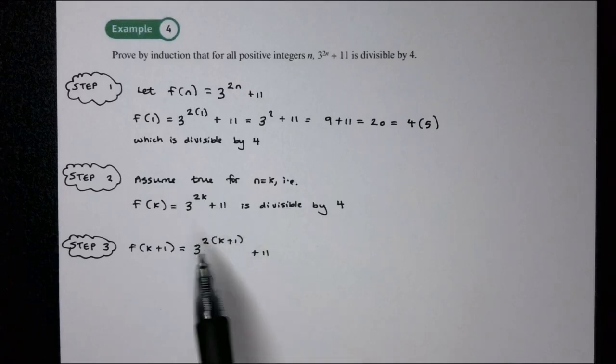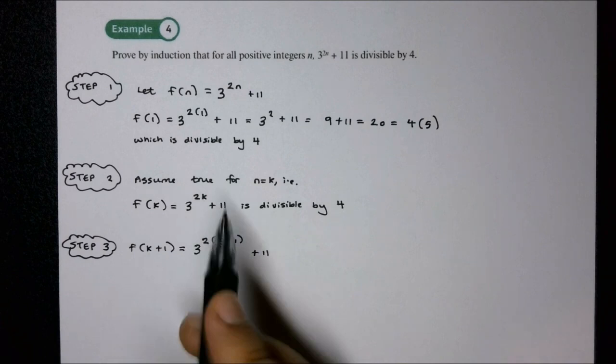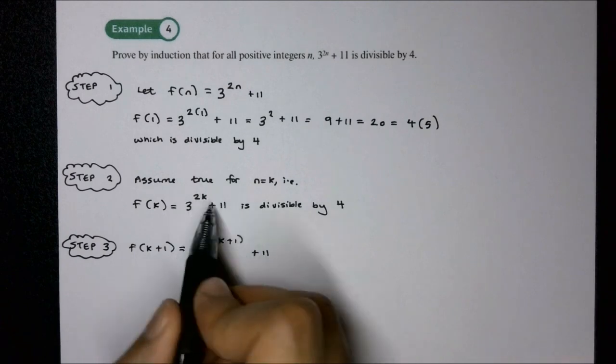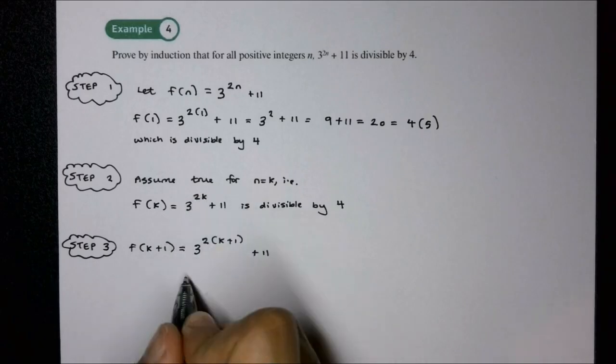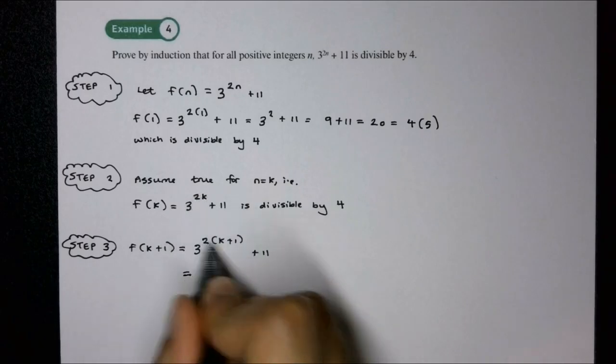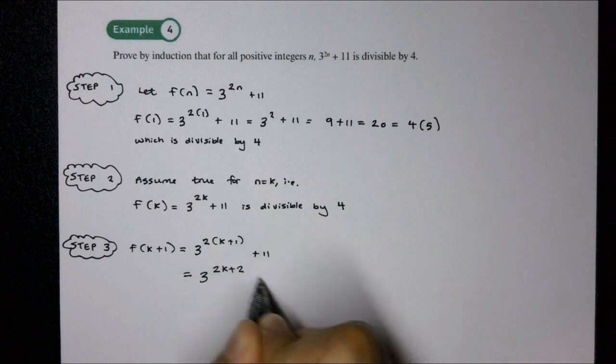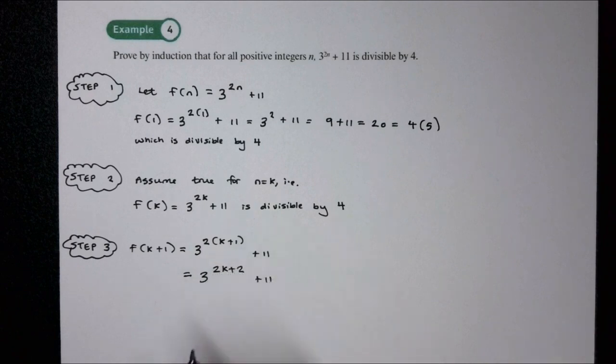Now, what do we mean make it similar? Well, if you pay attention over here, we've got a 3 to the power of 2 lots of k plus 1, and here we've got a 3 to the power of 2k. Now, how do we make those similar? If I expand on the top, we've got 3 to the power of 2k plus 2, plus 11.